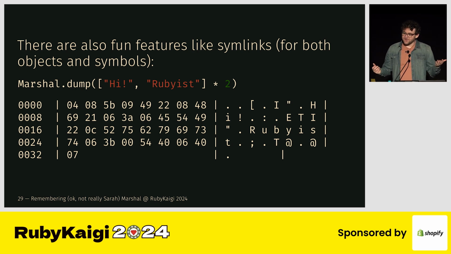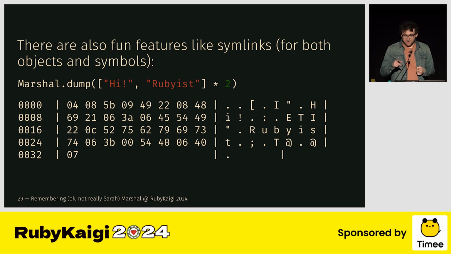There are also fun features that we saw from the tag list, like symlinks. There are links in Marshal that can point to both objects and symbols. So we can see here I'm Marshal.dumping an array with some repeated strings. Let's assume, I have not shown it on the slide, but we have frozen string literals enabled. And we can see in the output here, our 2 strings each only show up once, even though they're repeated in the array.